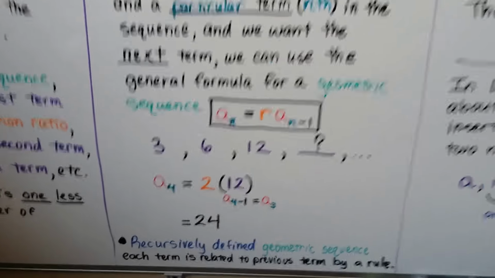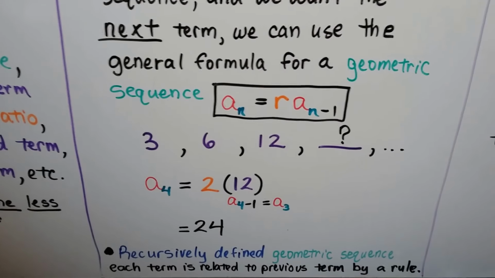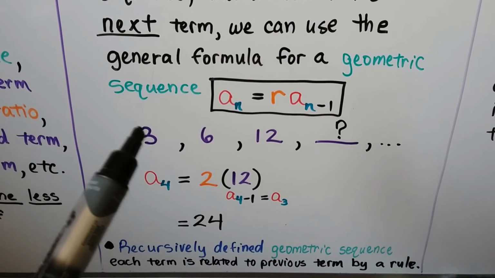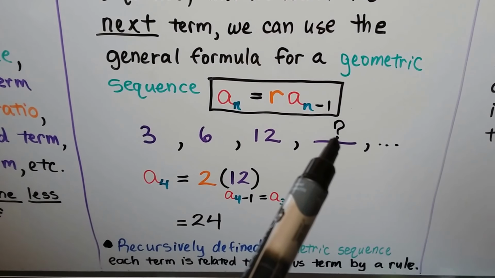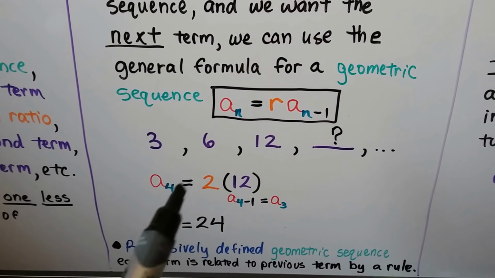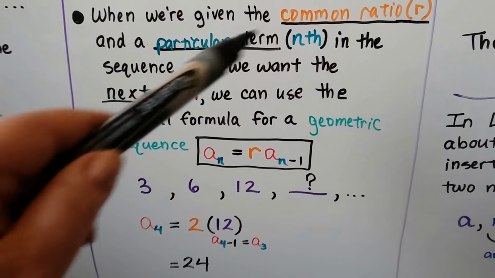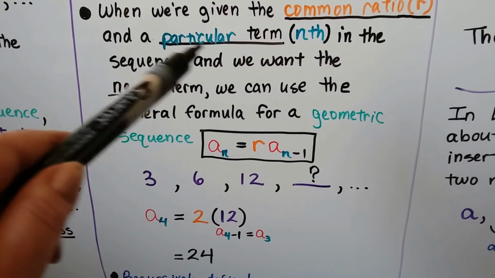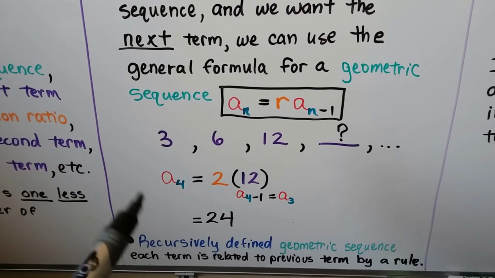Okay, so this is a general formula for a geometric sequence, and if we have 3, 6, 12, and we want the next number, we can use that formula. It told us we were given the common ratio and an nth term.